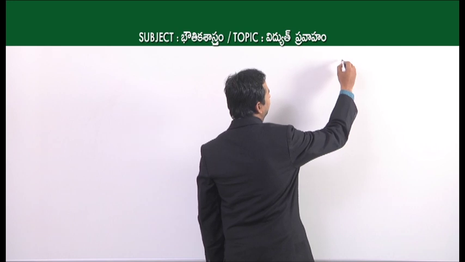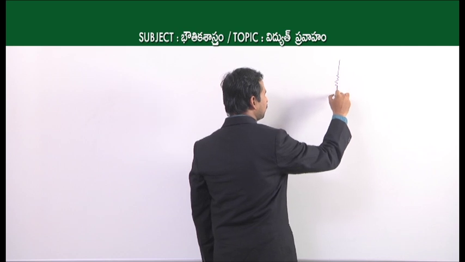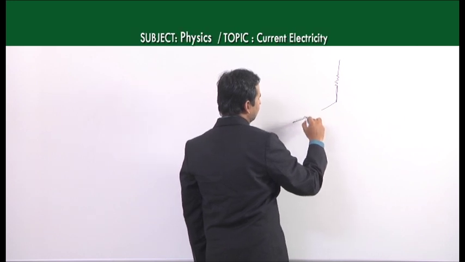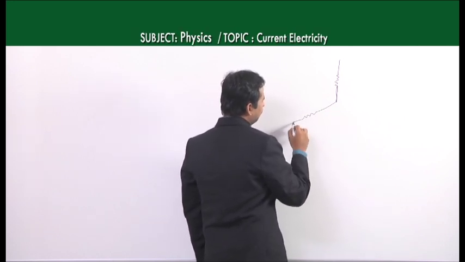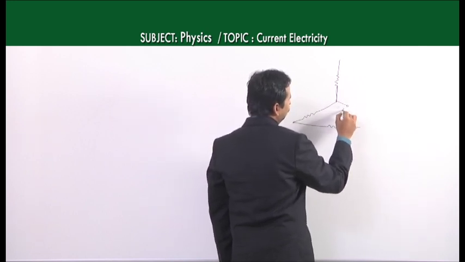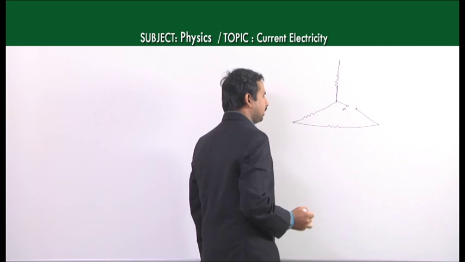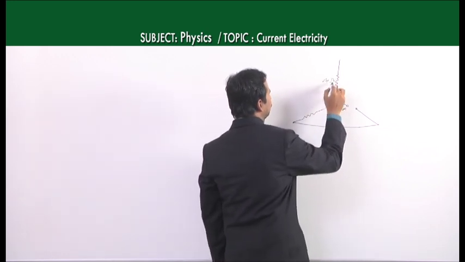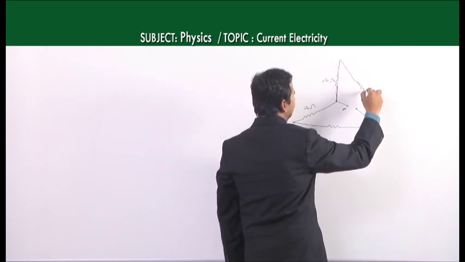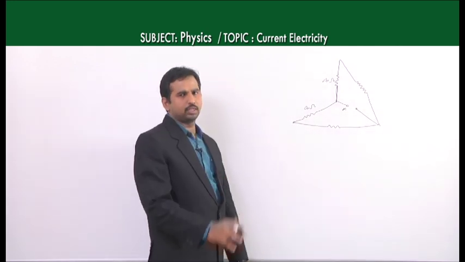Let us suppose in a different model, we have a total of 4 resistances, one like this and another one like this and another one like this, so that we are having the voltage connection between A and B. Let us suppose this is 4 ohms, this is 4 ohms, and now we are taking one more like this, which appears to be like a triangle here.